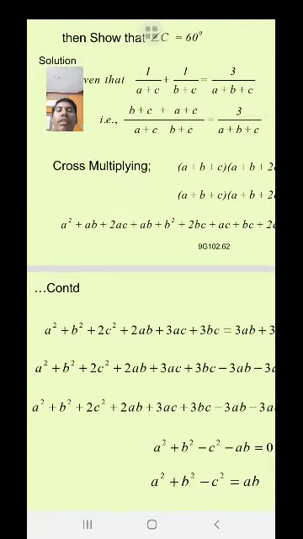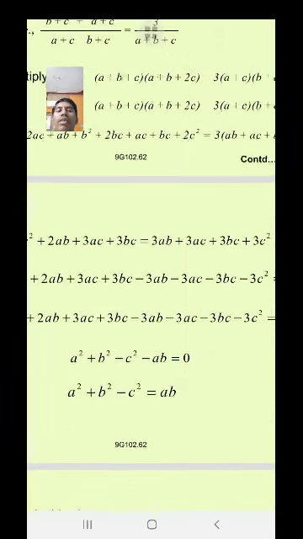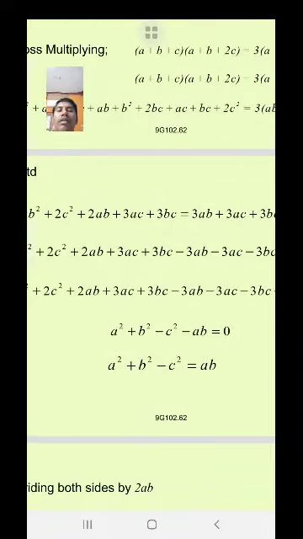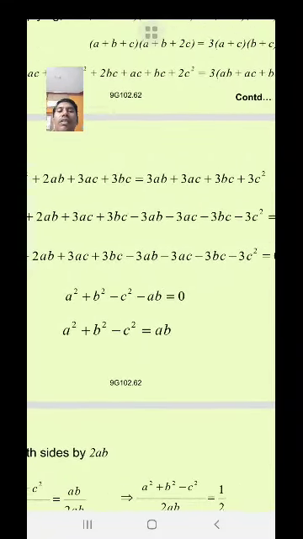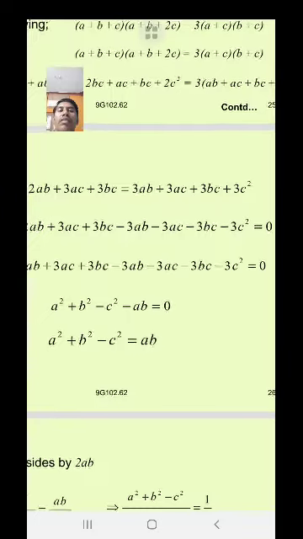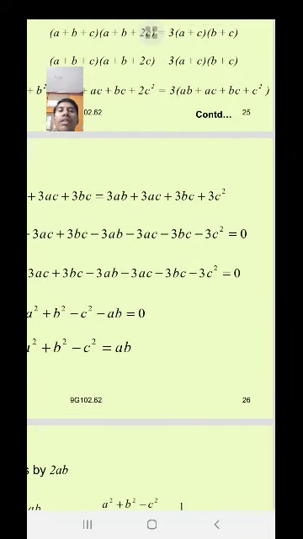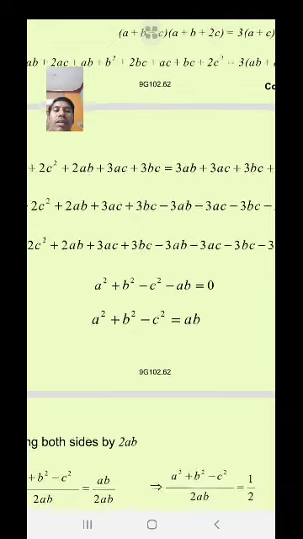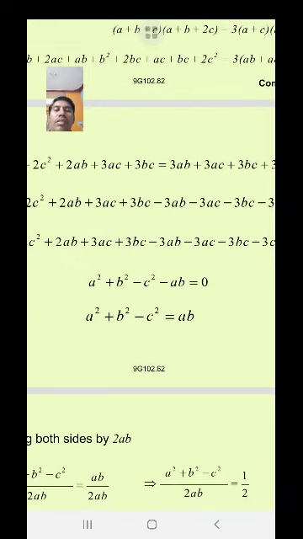After addition and simplification, if we take the right side parts to the left side, the remaining right side is null, that means 0. So after simplifying, we get a square plus b square minus c square minus ab equals 0.